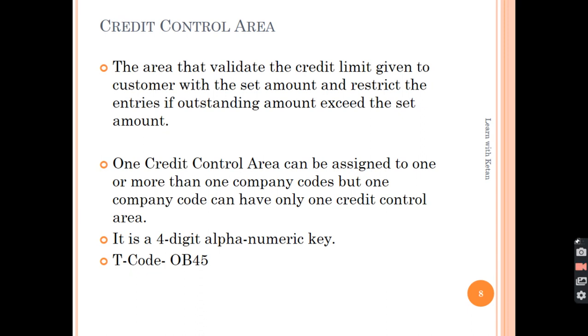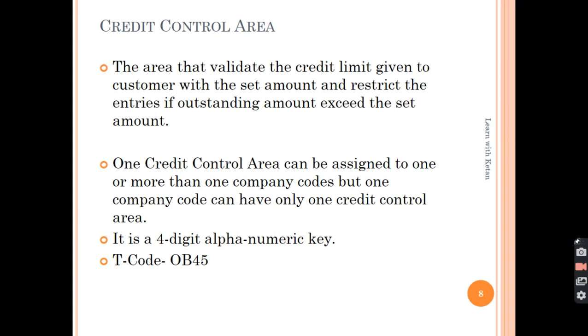In more depth we can take an example like you have ABC Limited company, and you have credit control area with set limit 10 lakh, and you have 10 customers in that company to whom you have already given 9 lakh rupees credit.